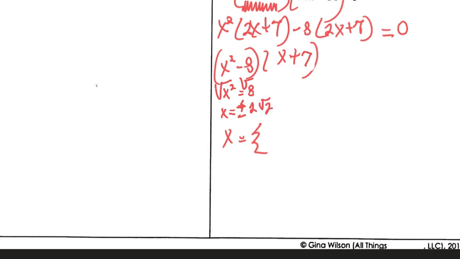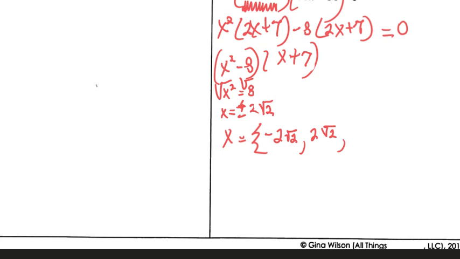So we learned that. I think we did that right before. Let's make it look pretty. Okay, so minus 2 square roots of 2 and plus 2 square roots of 2 are two of the answers.